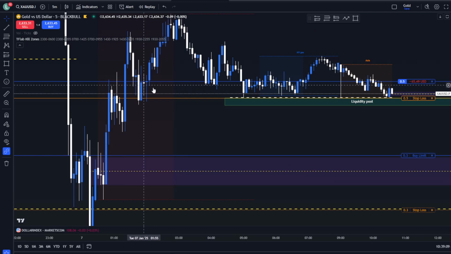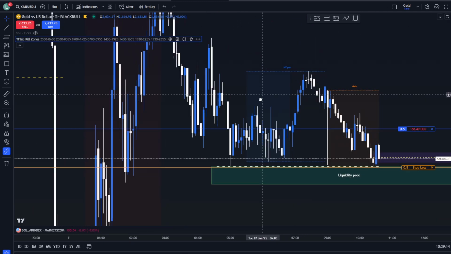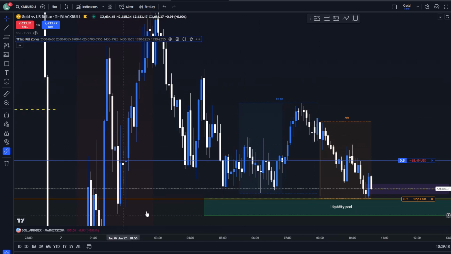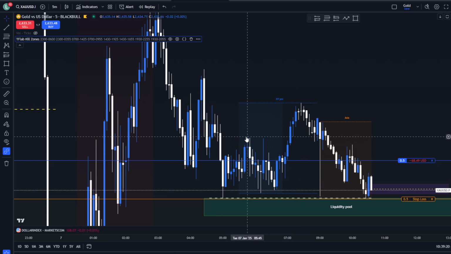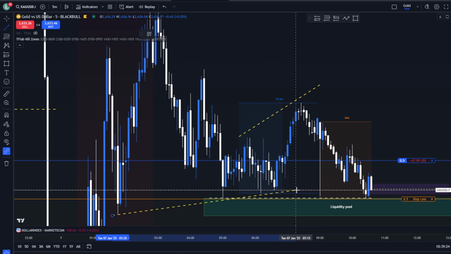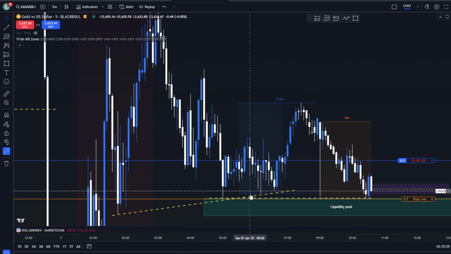Even from here, it's a higher low. Then we had a lower high and then a higher high. So we had a higher low and a higher high. This kind of upwards direction signaled that we may be looking towards buy side liquidity, because that's what we want to see.